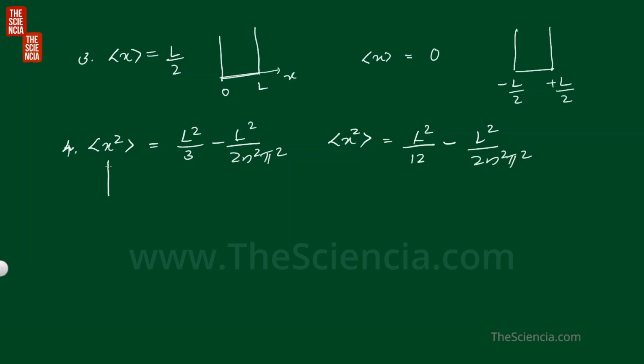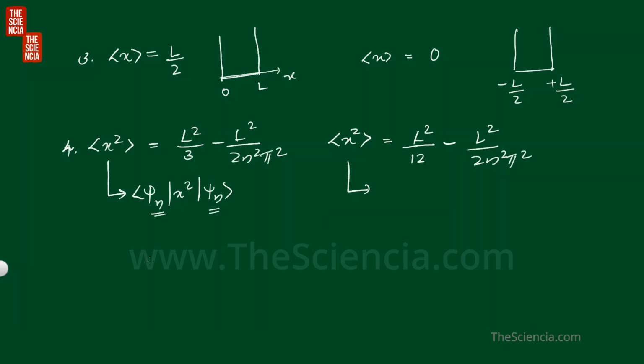Here, what is this expectation value of x square? That is bra psi n x square ket psi n. See, these wave functions are the same. So we are finding the expectation value for only one wave function.